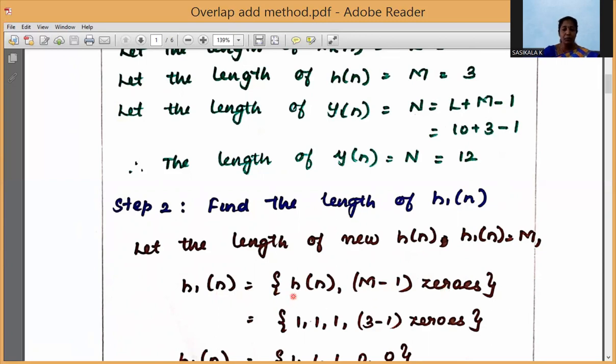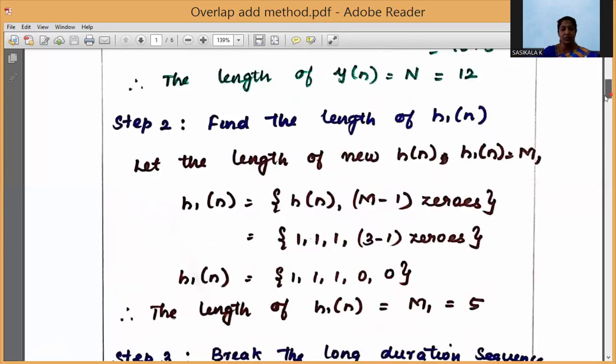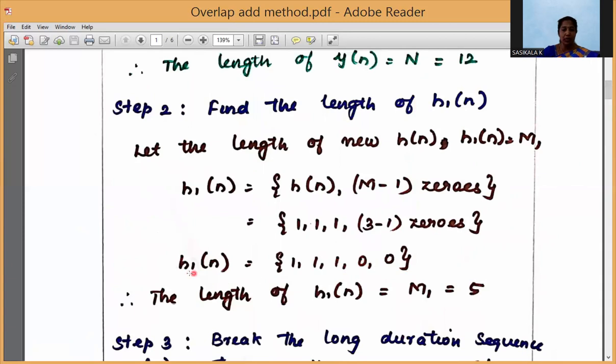In the given problem, h of n is 1, 1, 1 and your m value is 3. So 3 minus 1 zeros, that is 2 zeros, you have to add at the end of the sequence. So h1 of n is equal to 1, 1, 1, 0, 0. Therefore, the length of h1 of n, m1, is 5.